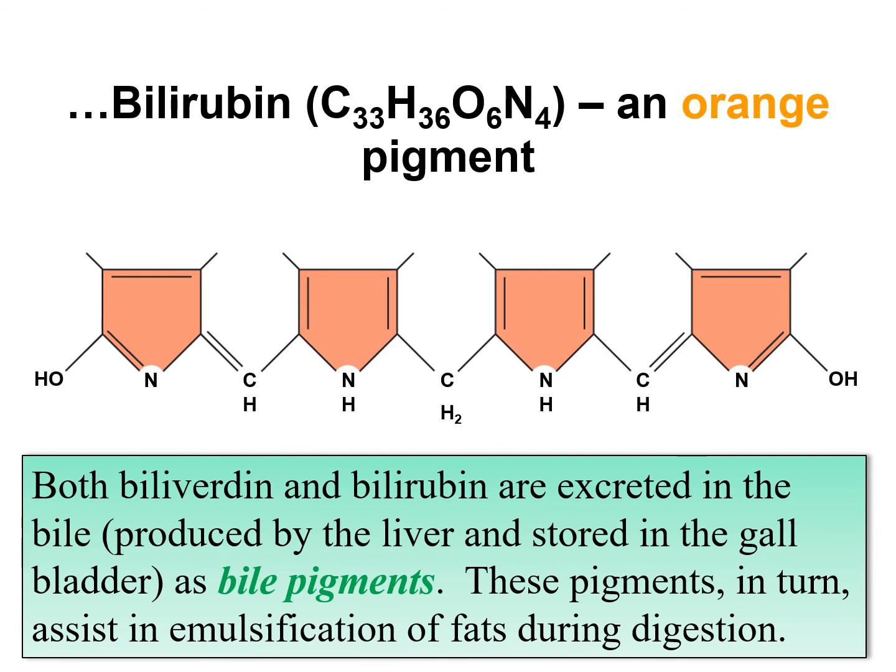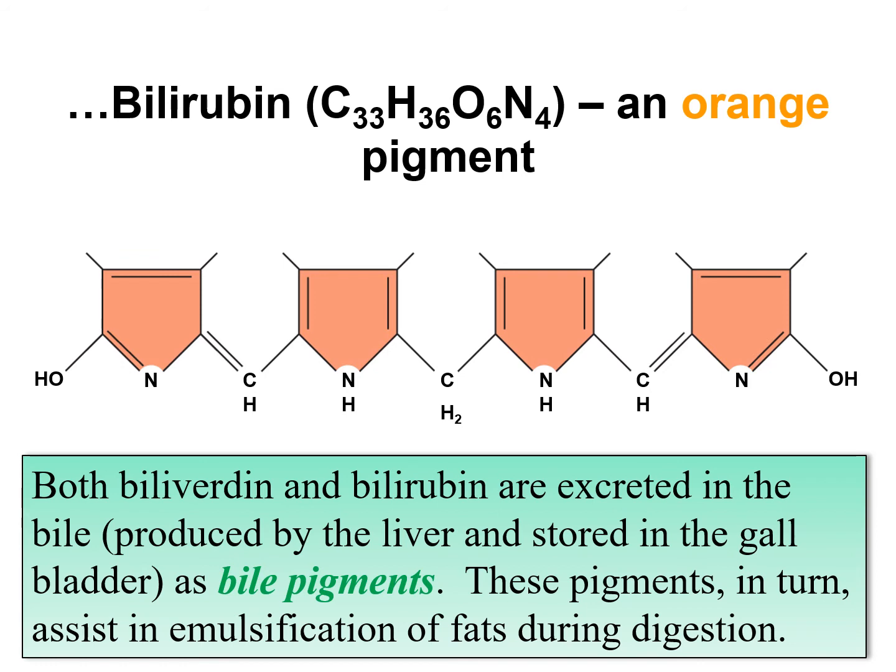So when foods rich in fat are eaten, the body responds by producing increased amounts of bile pigments. And the bile helps to degrade or emulsify fats.